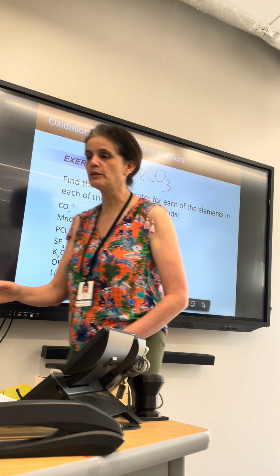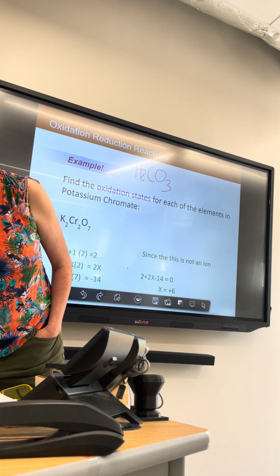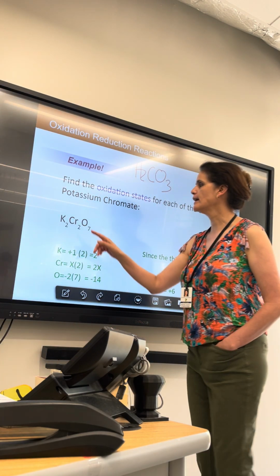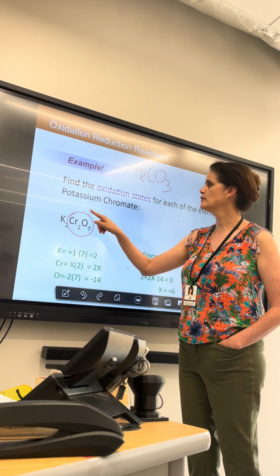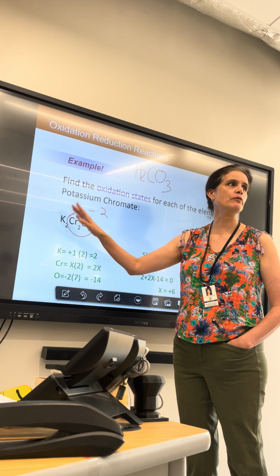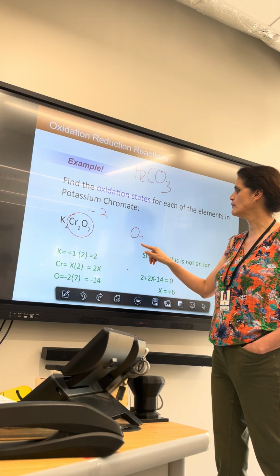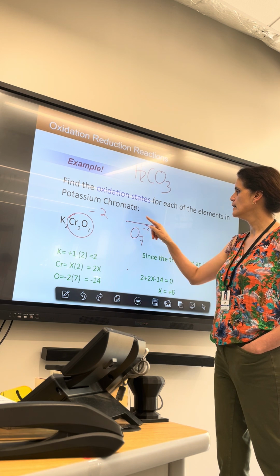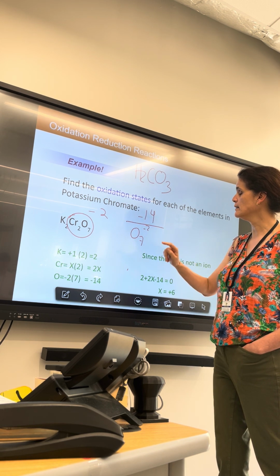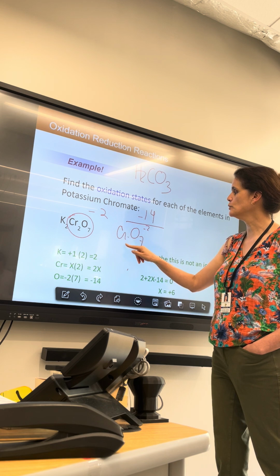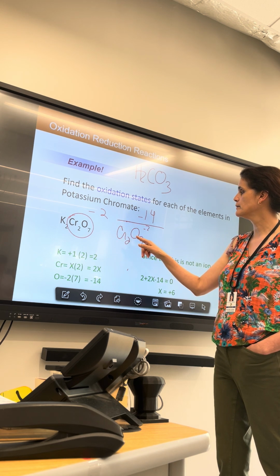And yes, some student in the last class said, hey, if I know that chromate is -2, can I do the same for getting the potassium? Yes. You could have gone O7 -2 is -14, and Cr2 will have to be the other.